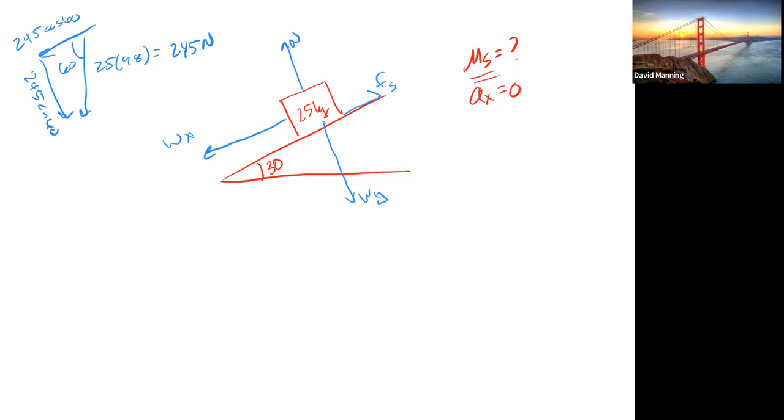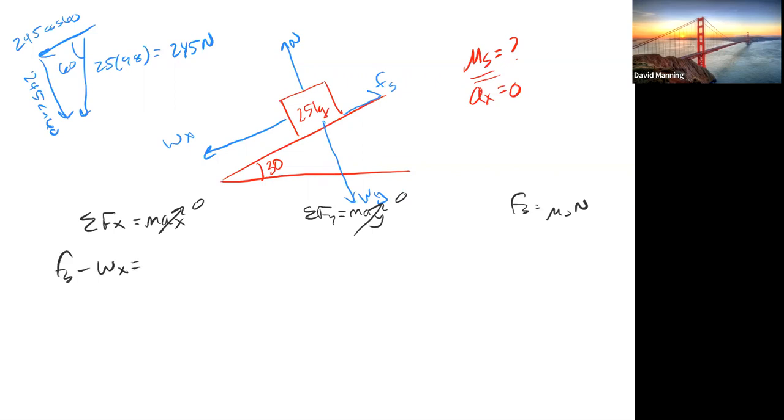Our three equations. Sum of the forces in the x equal max. Sum of the forces in the y equal may. Fs equals μs times the normal. It's an equilibrium. It's not sliding. Fs minus Wx equals 0.